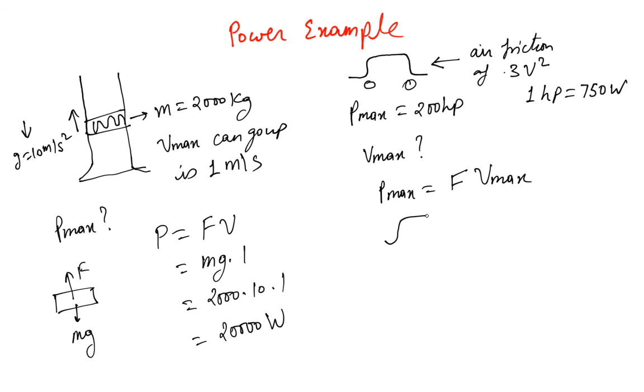Well, when the car is moving with V max, it does not have any acceleration acting on it, similar to the previous case. But there's a wind resistance which is 0.3 v squared. So the force the car is putting at this point is the same as 0.3 v squared, such that they cancel each other, and the car is moving at the maximum speed.